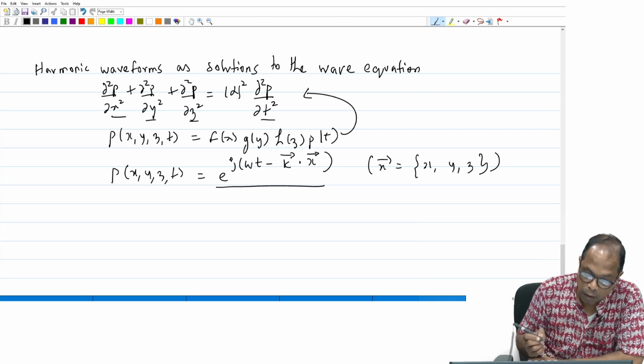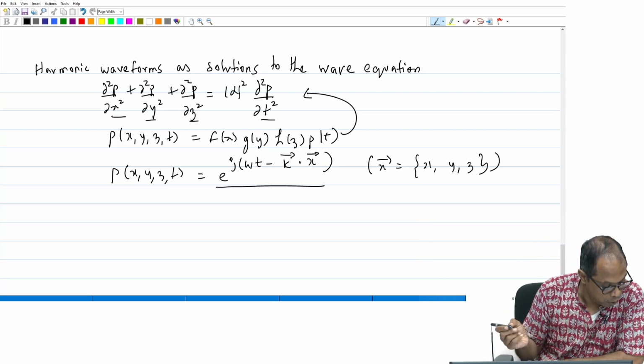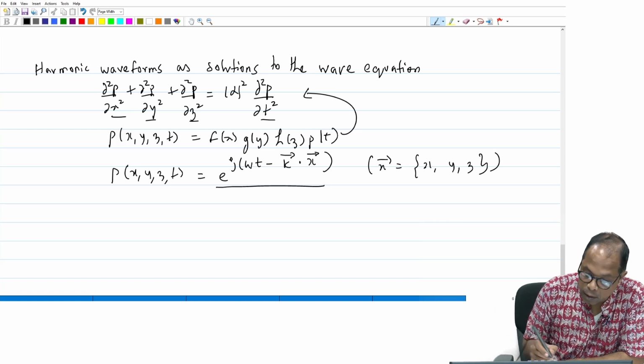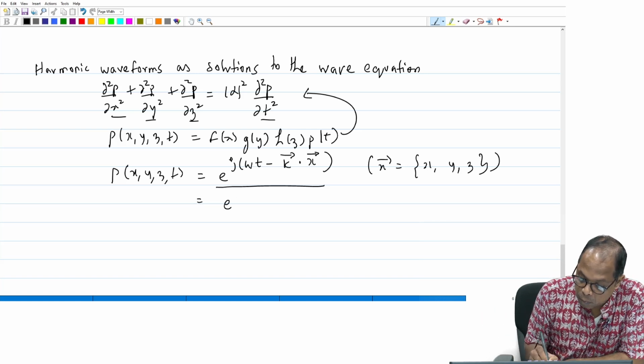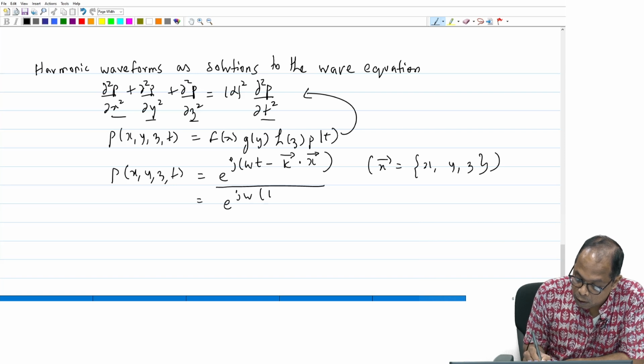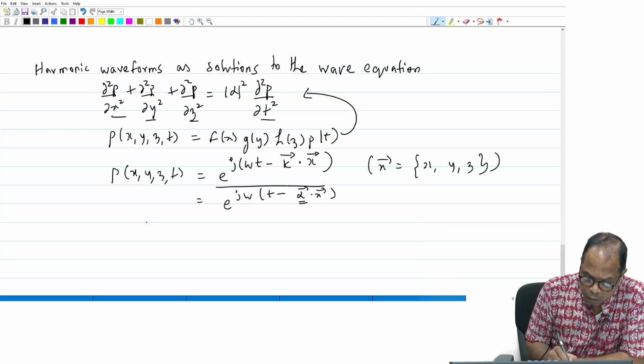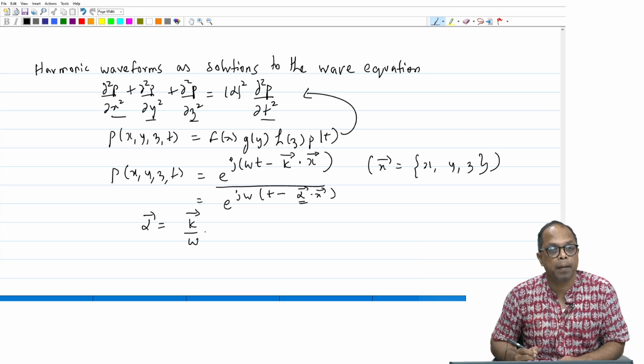So now the slowness vector: you could write this as e to the power j omega t minus alpha vector dot x vector, because it introduces the slowness vector. Now, what is the slowness vector here? Your slowness vector alpha vector is k vector divided by omega.